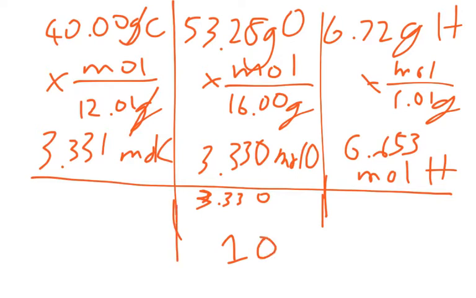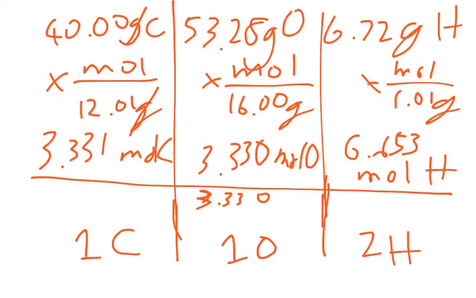We get, this is just about 1 C, and this is 2 H. So the reason why I ignore sig figs is because the ratio between atoms are whole numbers. So therefore, I don't have to worry about sig figs because I know my answer will just have one whole number. So we know that the ratio between C, O, and H is 1, 1, and 2.